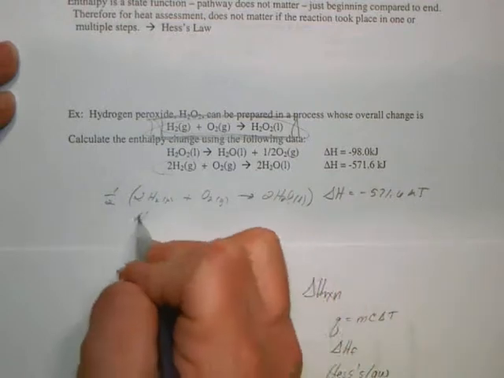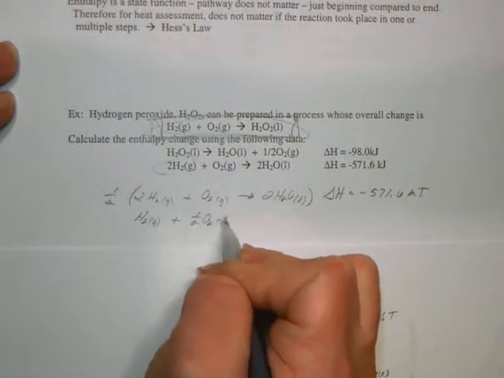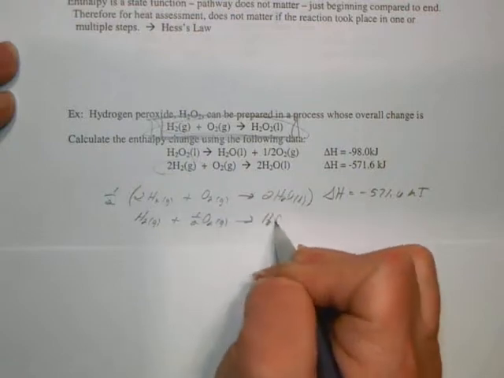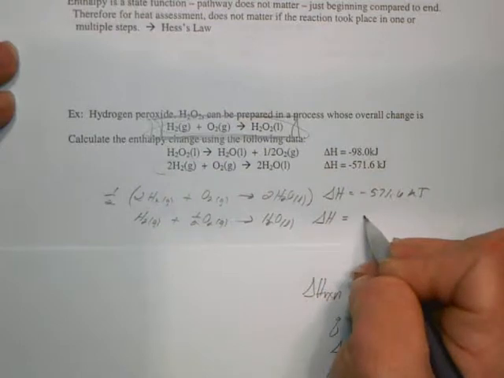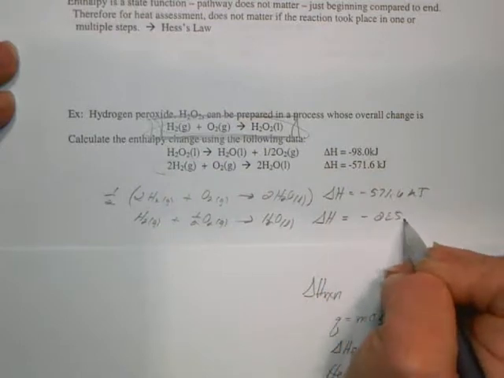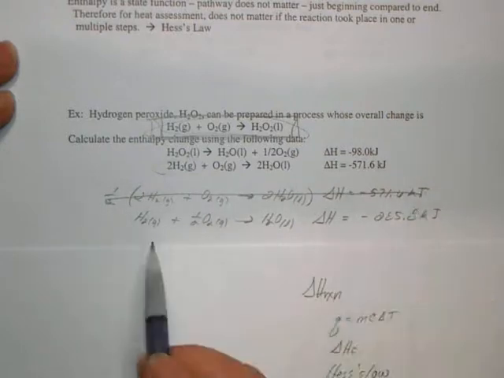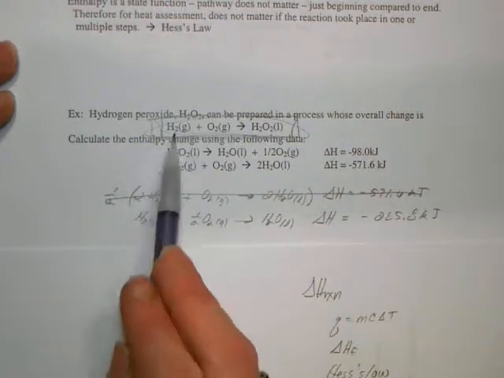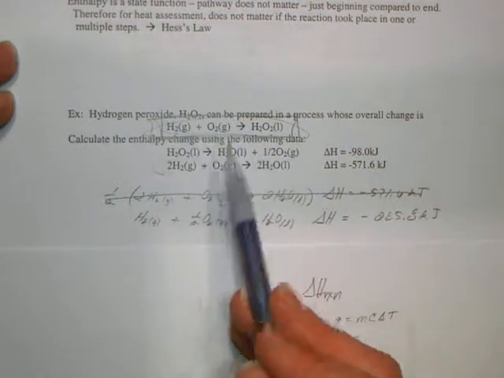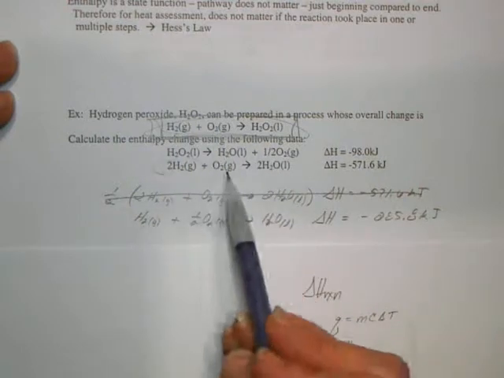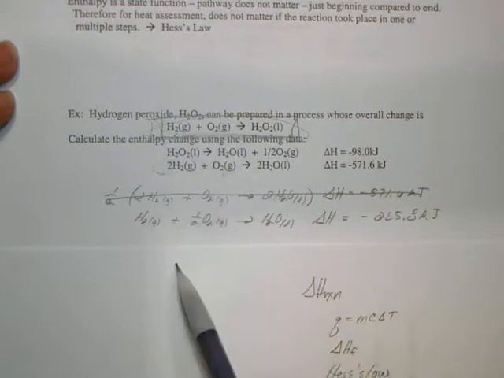So then that would give me H2 gas plus 1/2 O2 gas yields H2O liquid, and my enthalpy, 1/2 of that, would be negative 285.8 kilojoules. All right, this delivers my hydrogen. Okay, next I need 1 mole of oxygen. But this gives me some oxygen, and this also gives me oxygen. So I'm going to wait to look at my oxygen.